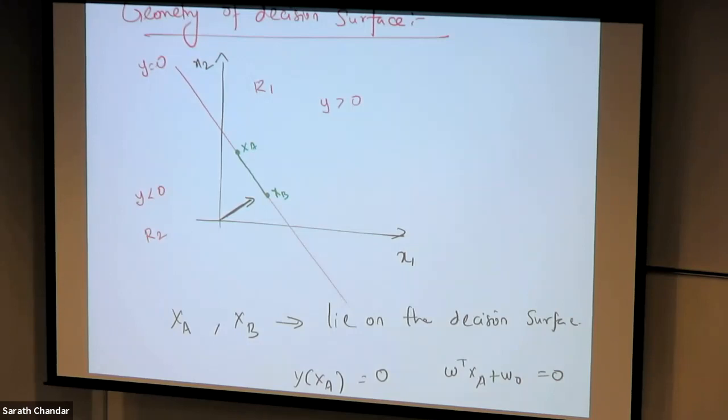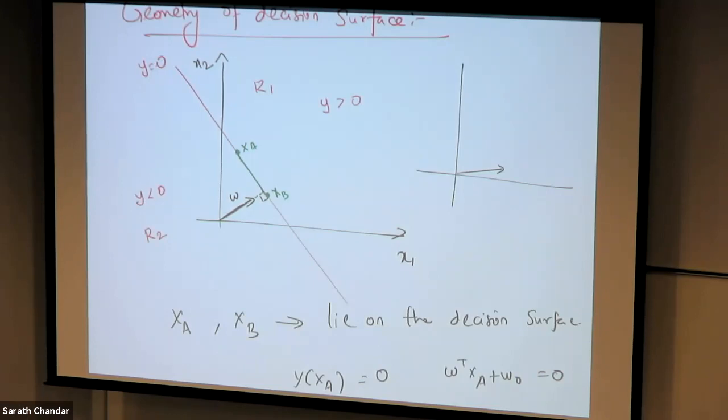Now this is my W. If you continue this line, you will see that this is 90 degrees. Is that clear? In other words, the W vector determines the orientation of the decision surface. If I tell you this is the W vector, then just based on this fact, you can tell me the orientation of the decision surface.